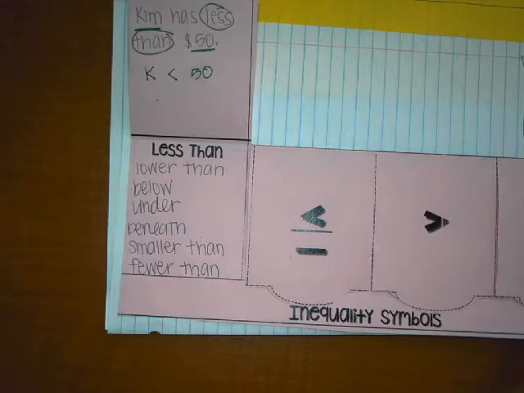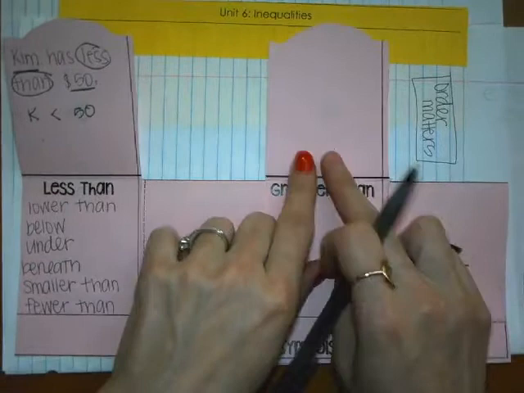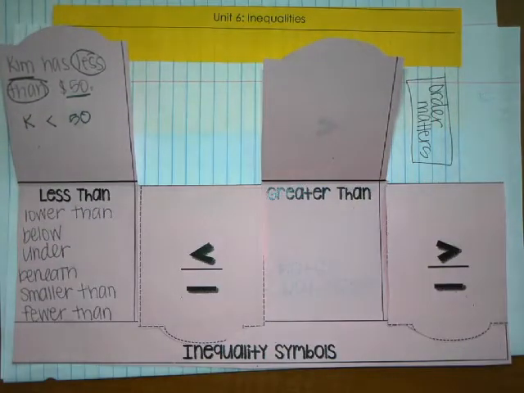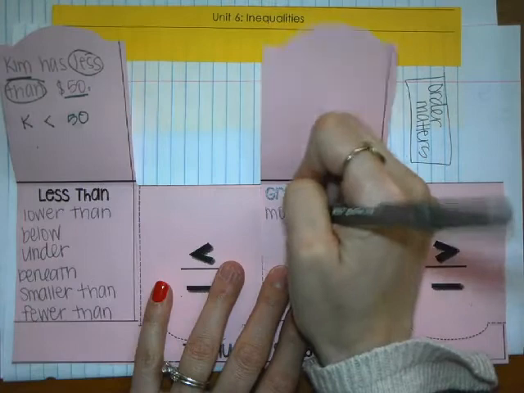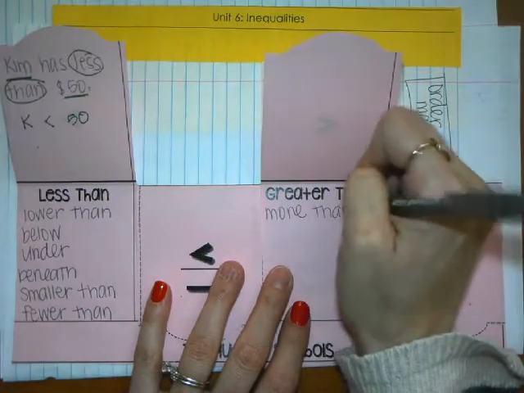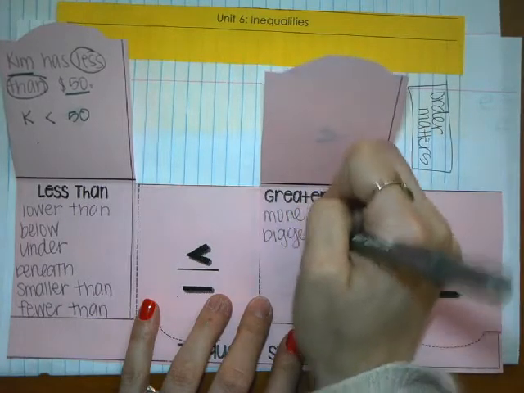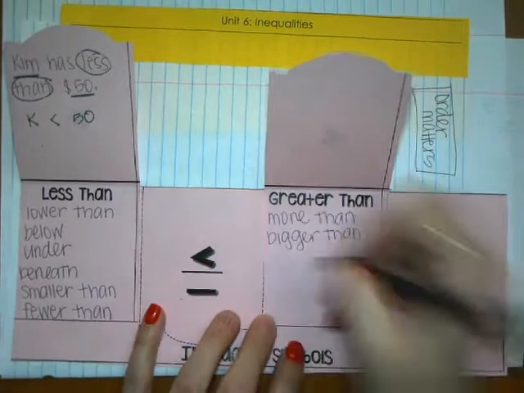Okay, let's go to greater than because that's the other one that we are most familiar with. What is another phrase that means greater than? What are some other phrases that mean greater than? Luke? More than. Someone else tell me. Ethan? Bigger. So I get a bigger than. Eli?